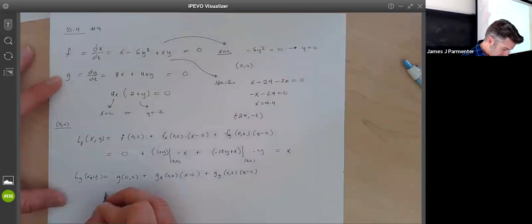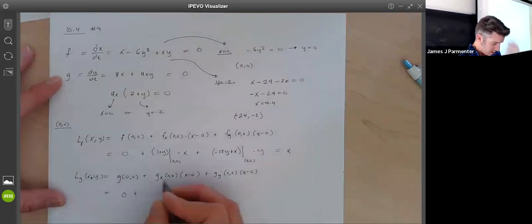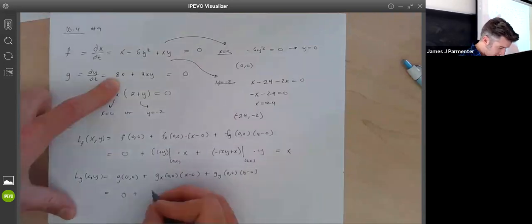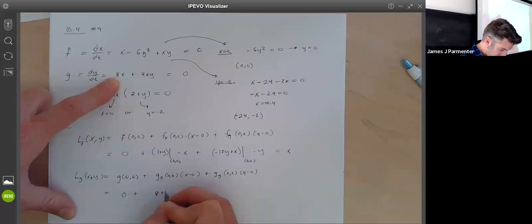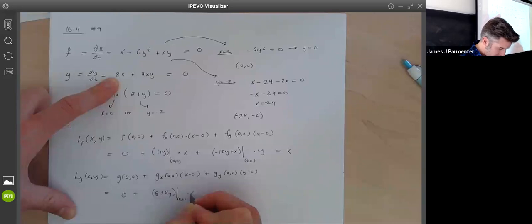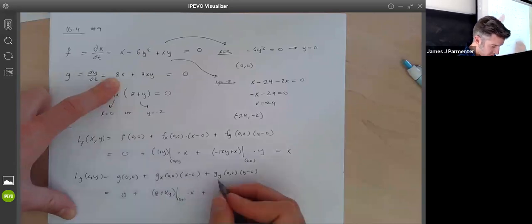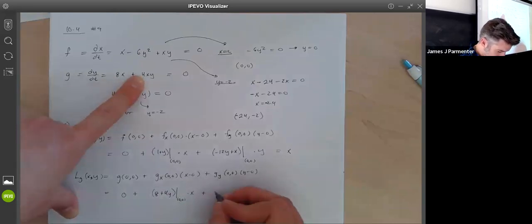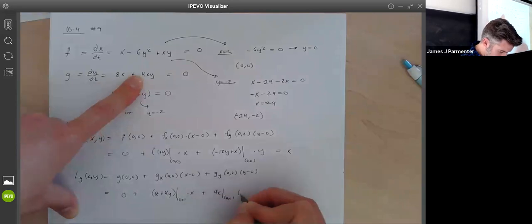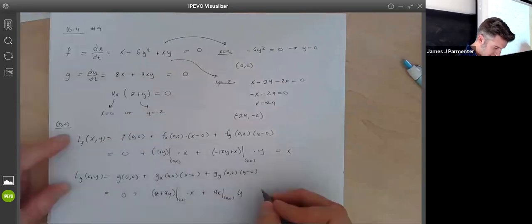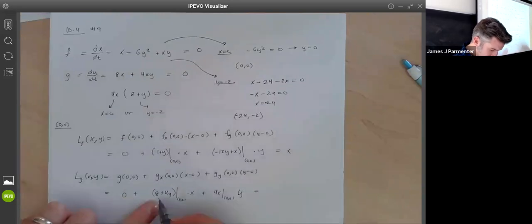So that's going to end up being 0 plus the partial with respect to x, which is going to be 8 plus 4y evaluated at 0, 0 times x, plus the partial with respect to y, which is going to be 4x evaluated at 0, 0 times y. And this one ends up being 8 times x.